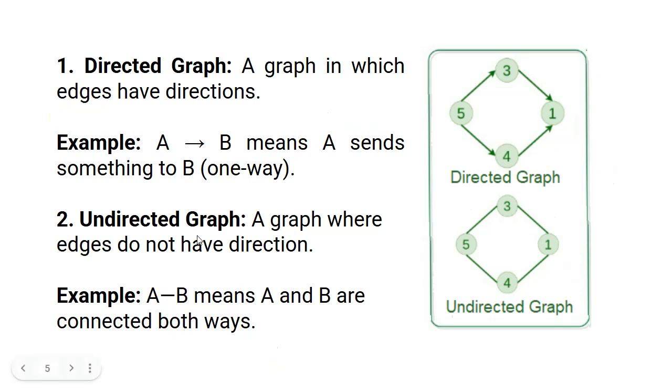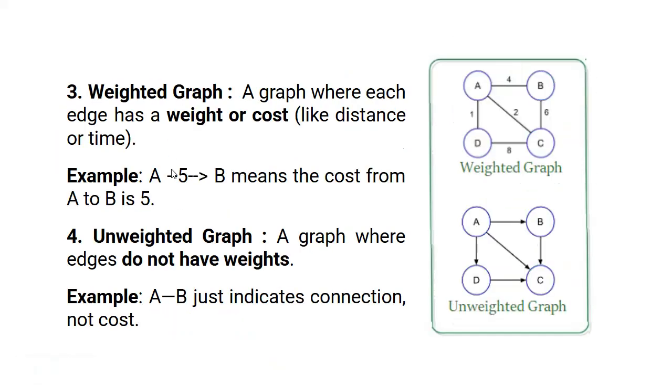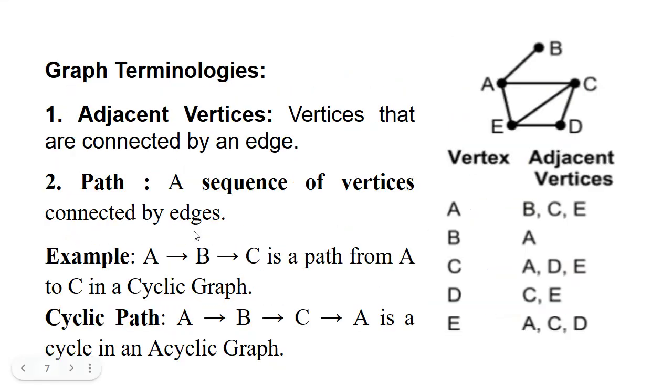In such a way, there are commonly four types of graph: directed graph, undirected graph, weighted graph, and unweighted graph. Okay. So some common terminologies which are used in graph operations we are going to see here.